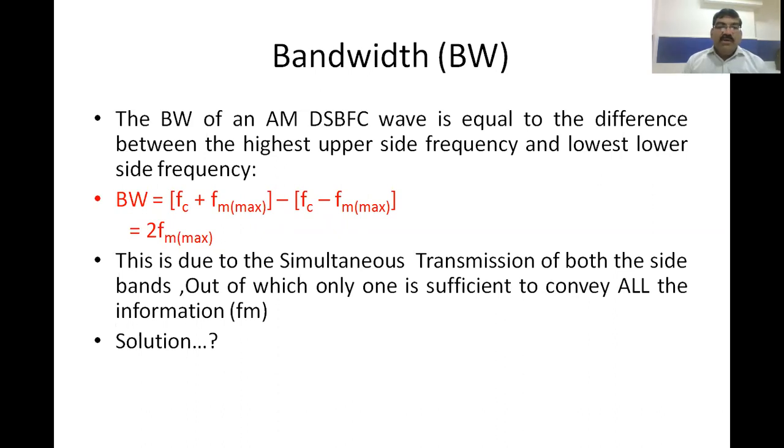Now this is the problem, as this is the recap of what we did for the double sideband full carrier. So what is the solution? What we are wasting is the bandwidth, because bandwidth is a very crucial thing. Why is bandwidth crucial? Because if you use the bandwidth properly, with optimum utilization, then you can transmit more signals.